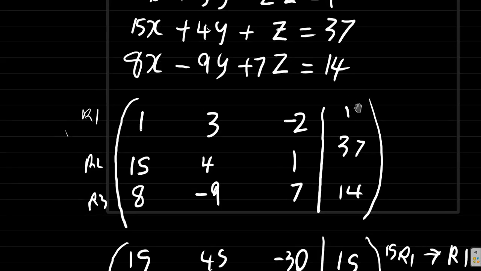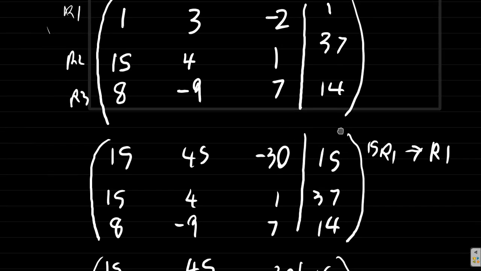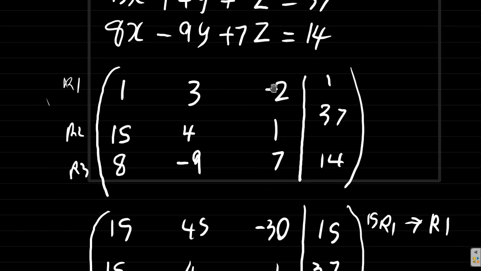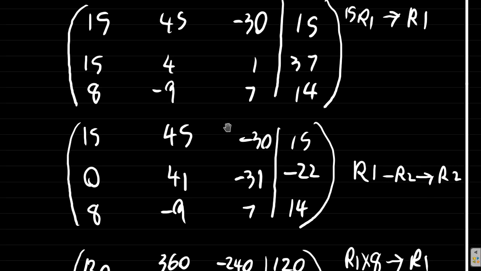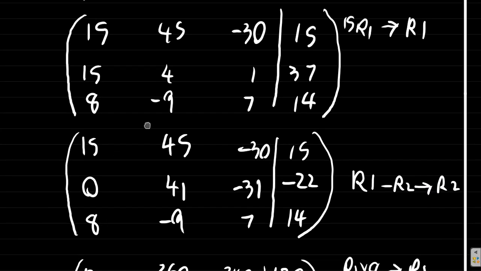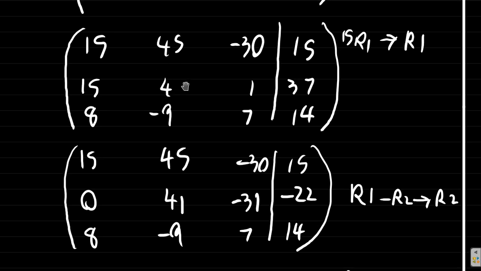Let's just check. We have this 15 row 1. Yeah, this and this are negative, this and this are negative. They are negative. Then row 1 minus row 2 gives us a new row 2. 15 minus 15, 45 minus 4, negative 30 minus 1, 15 minus 37.